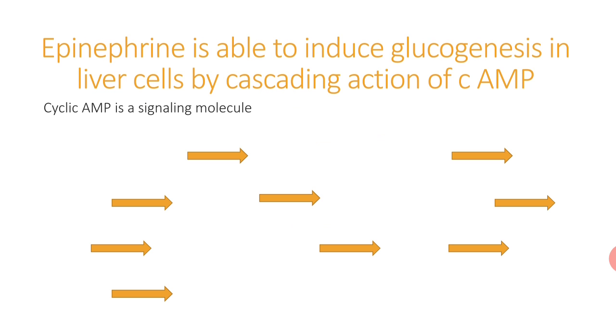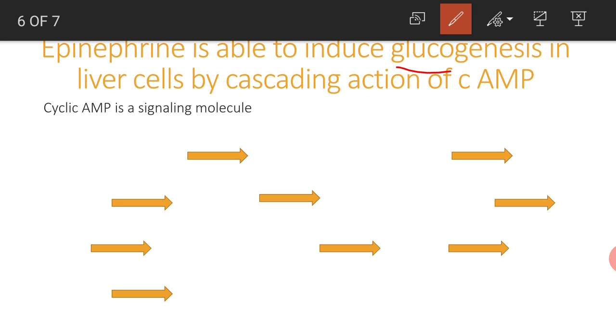Epinephrine is able to induce gluconeogenesis. Gluconeogenesis means production of glucose in liver cells by the cascading action of cyclic AMP.